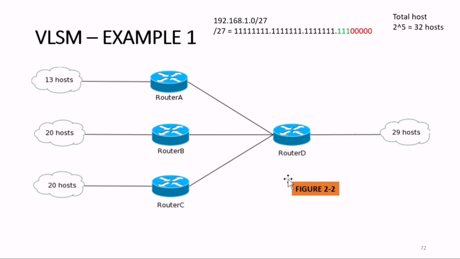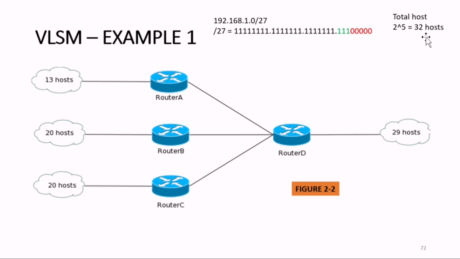For this example, we have this network here, which has 29 hosts, the largest one, and we need to consider another IP address, which is the router interface over here, which is connected to the cable. For this interface, we also need to assign an IP address. So basically for this network we need 30 IP addresses.